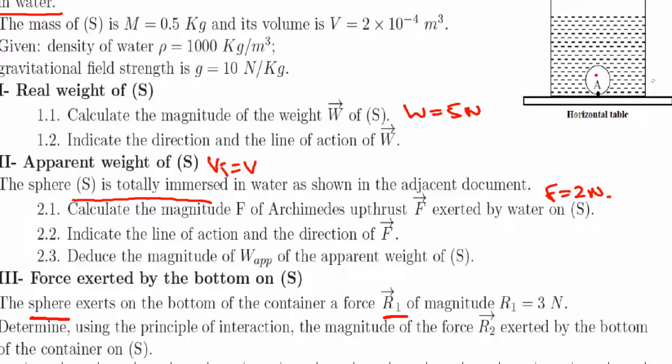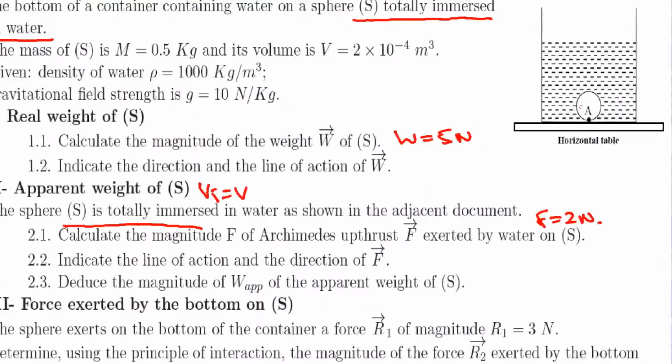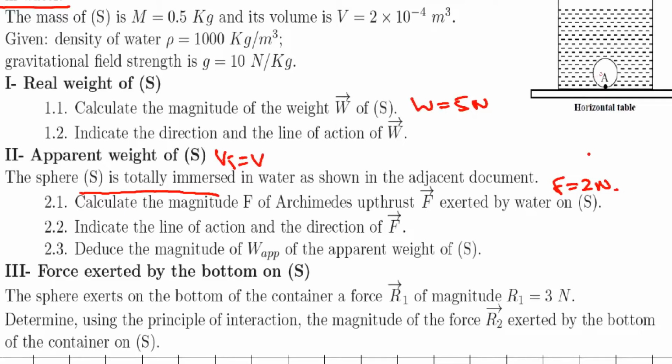So because the sphere rests on this container, now let's forget for this moment the forces. So here we have many forces acting on the sphere. So in particular the weight, F, upthrust, the reaction at the support. Okay, so let's forget about these forces and consider the forces mentioned in this part here, because we are discussing the principle of interaction.